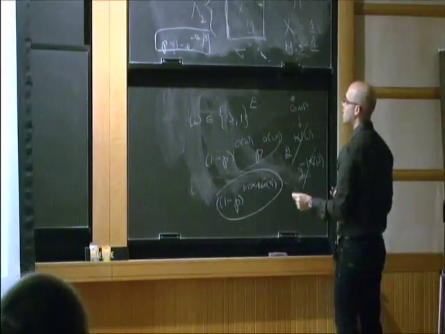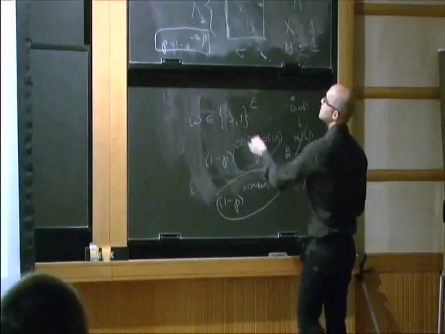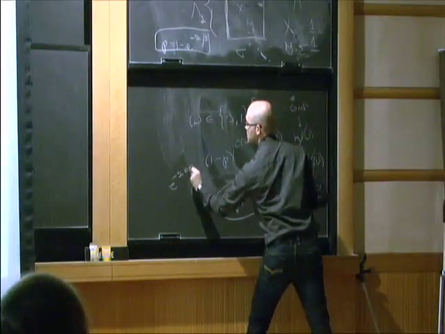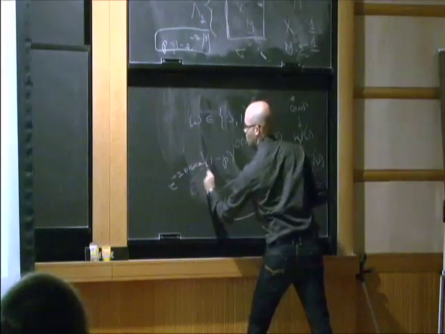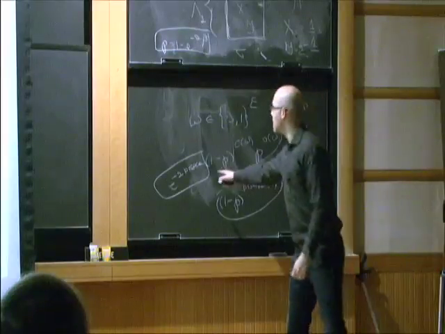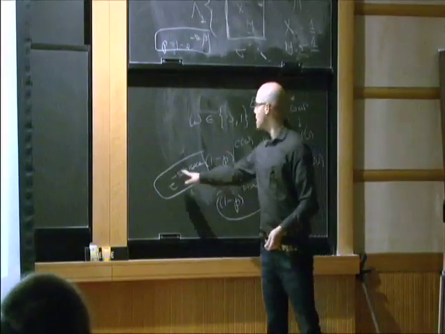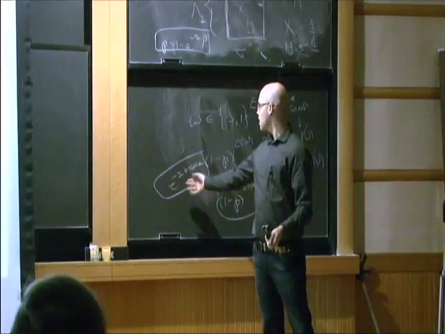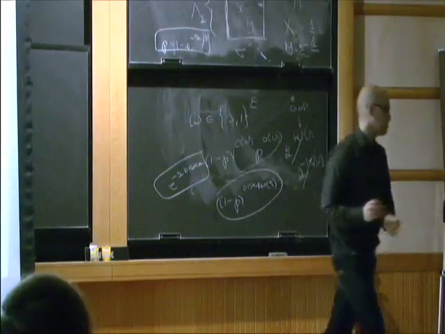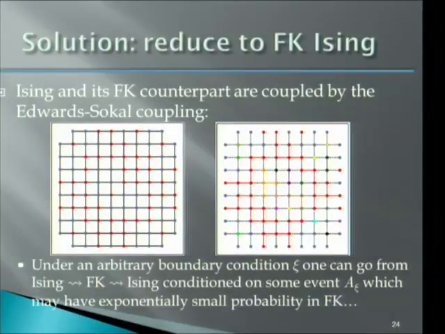What is this? (1 minus p) to the number of disagreements. This is exactly e to the minus 2 beta times the number of disagreements. And now you multiply this by the normalizing constant of the FK, and by another normalizing constant, e to the beta times the number of edges, and you get exactly the Ising. So this shows you how to move from FK to Ising.